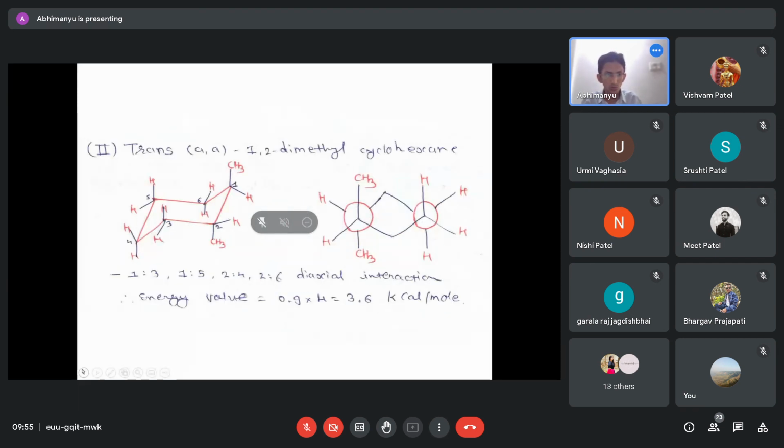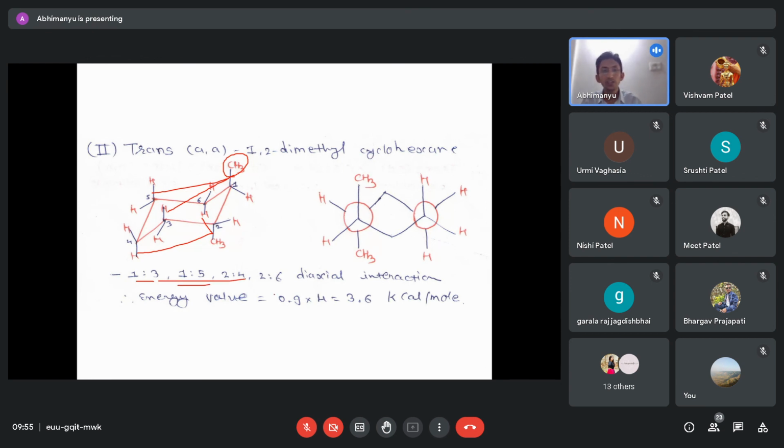So in 1, 3 and 5 all three are axial bonds, how will they be? In the same plane. So due to 1 being the methyl group, a bulky group, 1,3 and 1,5 repulsion is possible. 2 is again an axial bulky group, so 2,4 and 2,6 are possible.